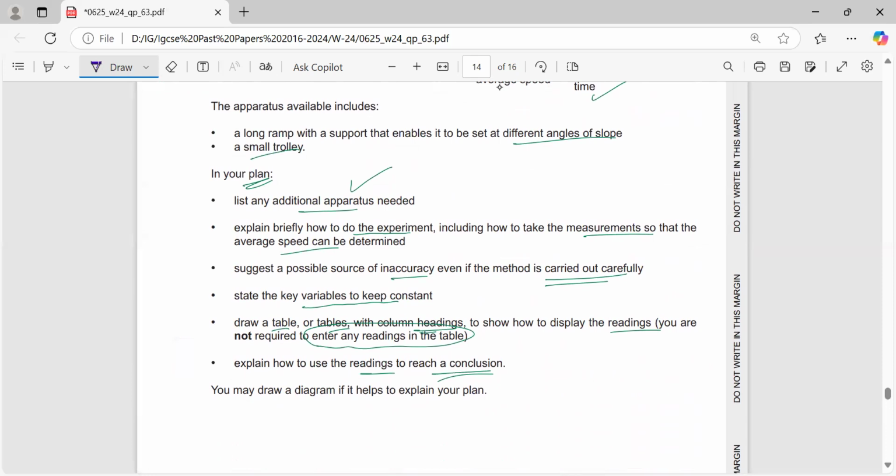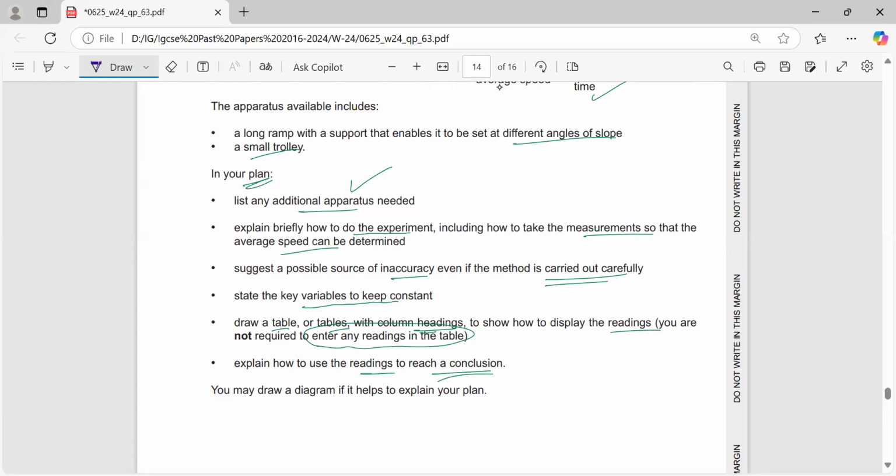It means something wrong with the operators, or some personal error, like reaction time error. What is a reaction time error? You did not start the stopwatch as the trolley reaches the first marked point, and you did not stop the stopwatch exactly when the trolley crosses the second point. So you can write here reaction time error.